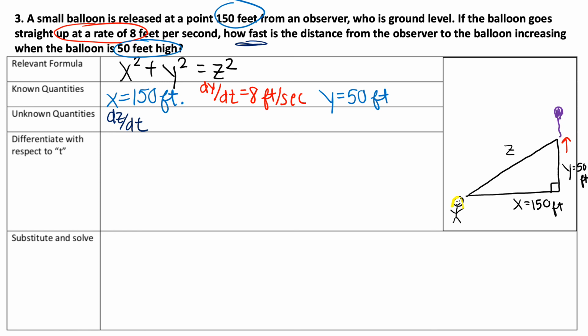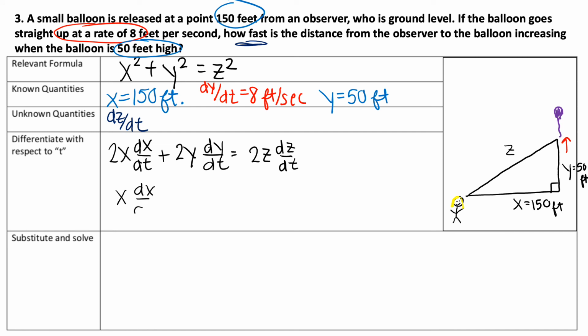Just like before, I want to go ahead and differentiate with respect to t. The Pythagorean theorem becomes 2x dx/dt plus 2y dy/dt equals 2z dz/dt. I'm sure you've already made the jump, but if you haven't, we can get rid of those 2's now. Factoring and canceling, we get x dx/dt plus y dy/dt equals z dz/dt.